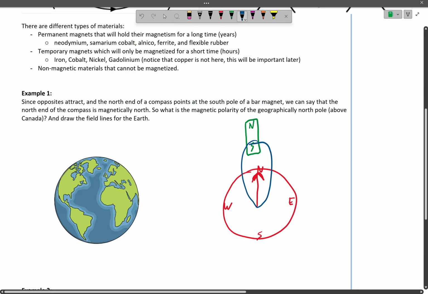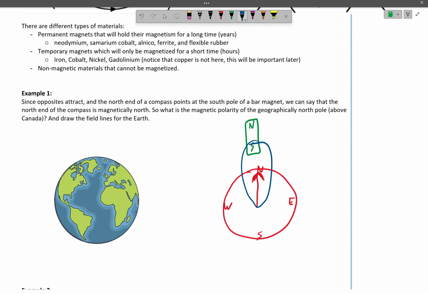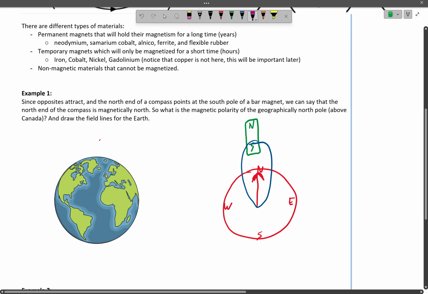Now, with that in mind, what is the magnetic polarity of the geographic North Pole? Well, the geographic North Pole is actually south, because if you're in Canada, the north end of the compass points north, to the North Pole, right?